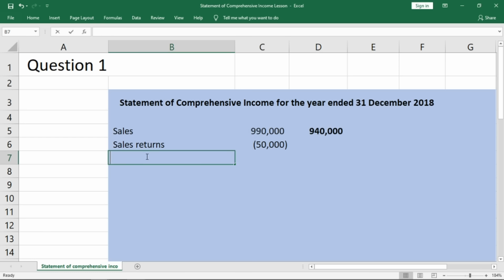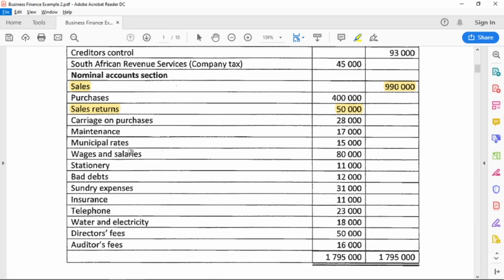Now we go to cost of sales. What is our cost of sales here? Well, if we are not given cost of sales directly, we may have to calculate it. We are given the purchases here, we're given the carriage on purchases, and we have nothing else on purchases.